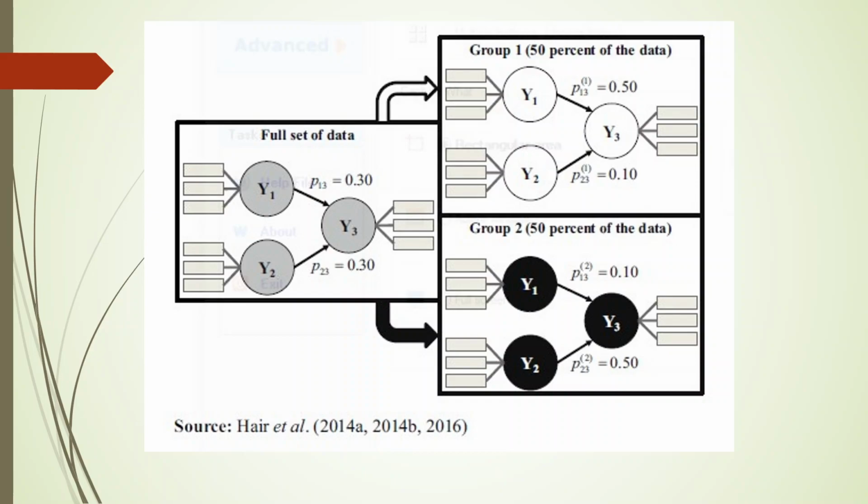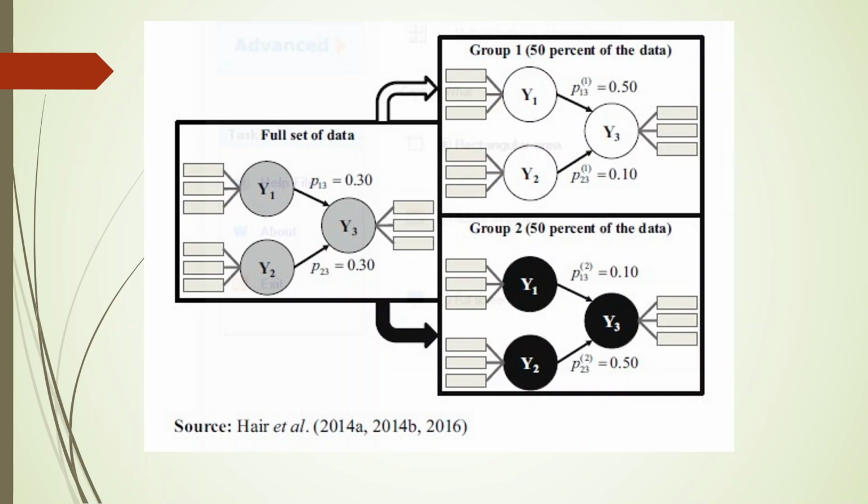Now, according to Hair, this is a full set of data in which y1 to y3 is 0.30, and y2 to y3 is also 0.30. When I divide this model into two parts, group 1 and group 2, in group 1 y1 to y3 is 0.50, and y2 to y3 is 0.10.